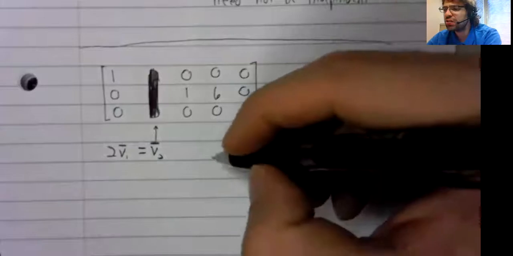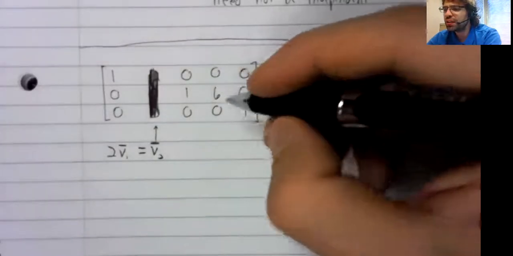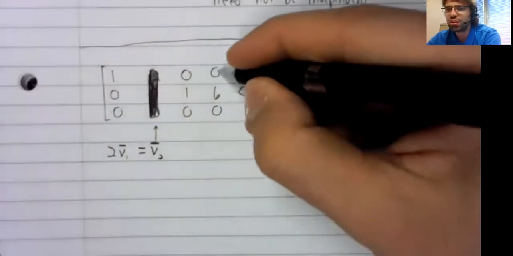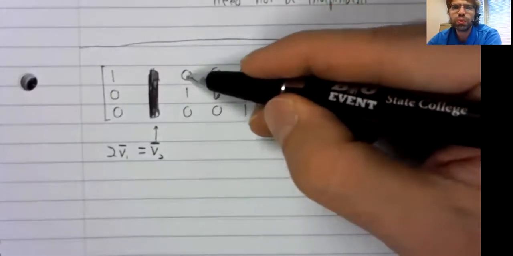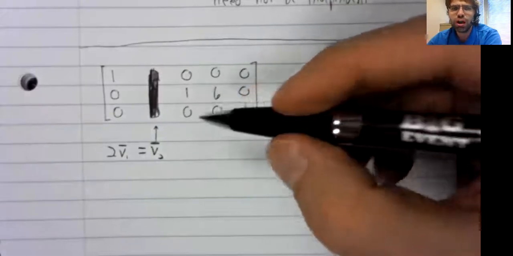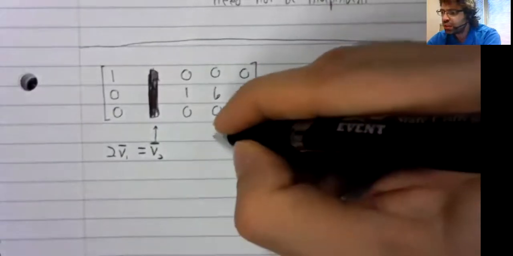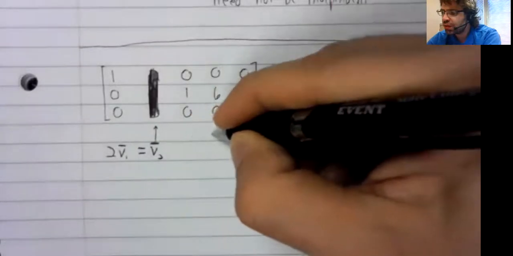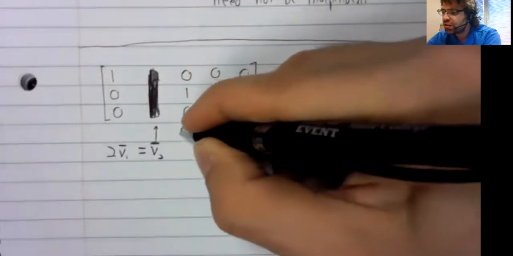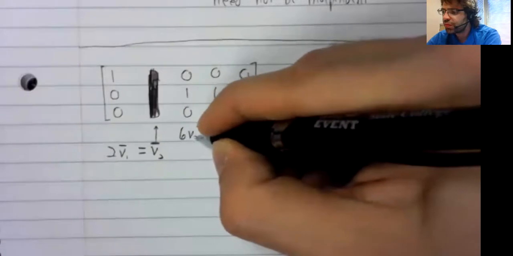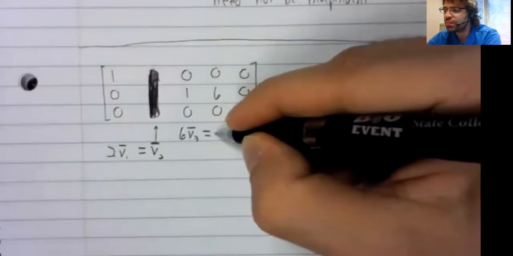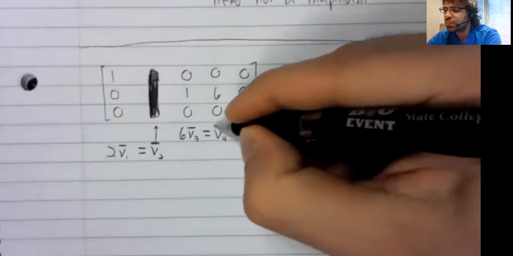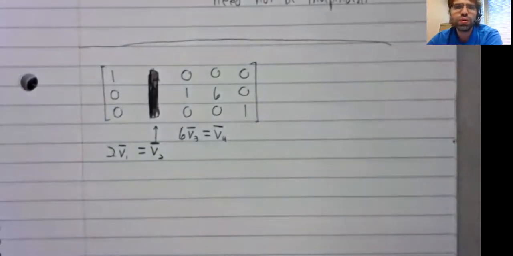And we can see again, this column is a constant multiple of this column. In particular, 6 times this column gives you V sub 4.